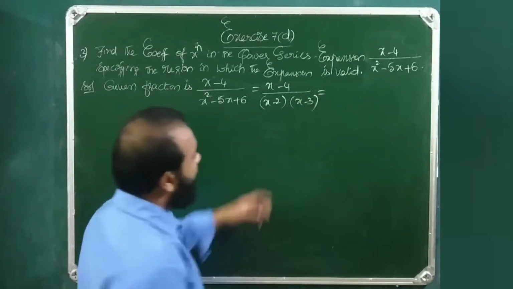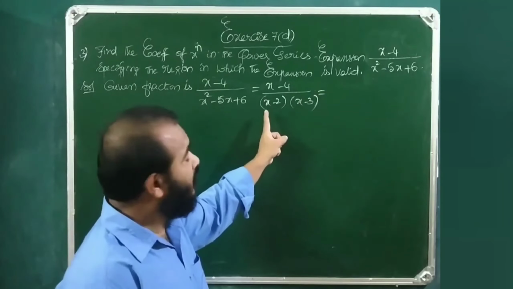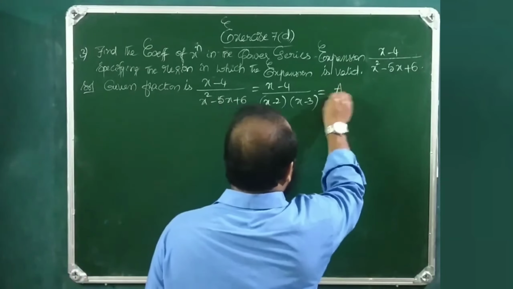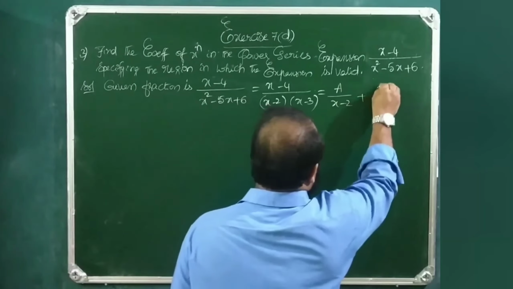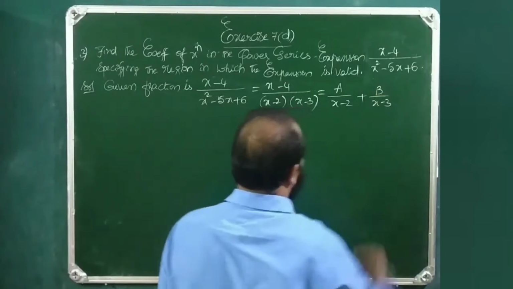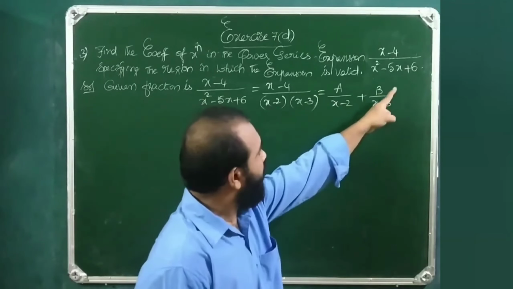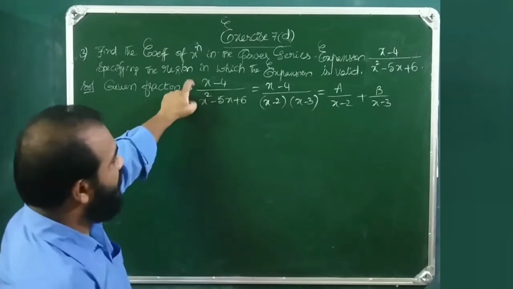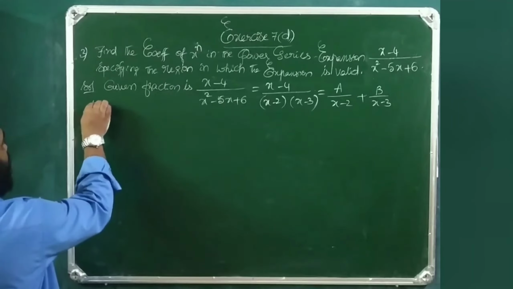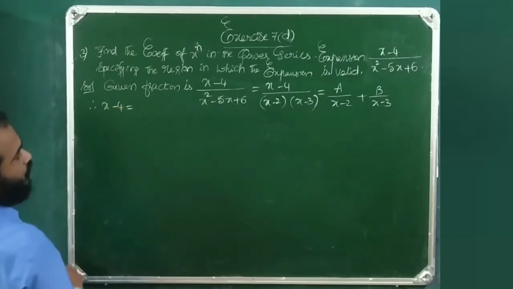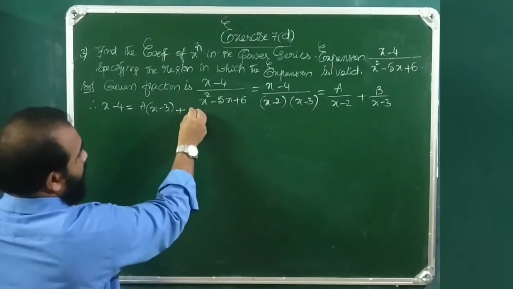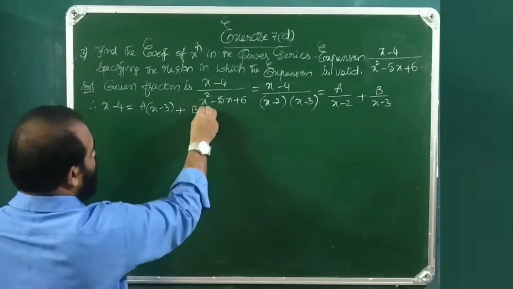The partial fraction for this is a by (x minus 2) plus b by (x minus 3). So a into (x minus 3) plus b into (x minus 2) by (x minus 2)(x minus 3) is this. Therefore, x minus 4 is equal to a into (x minus 3) plus b into (x minus 2).